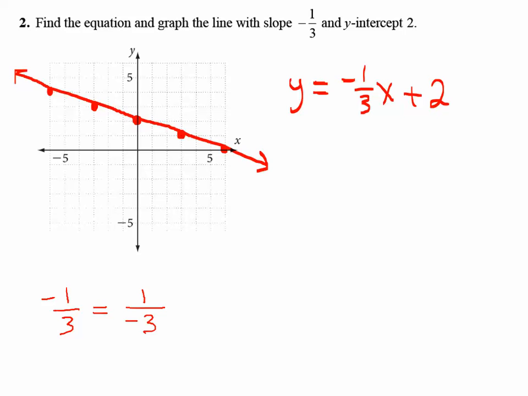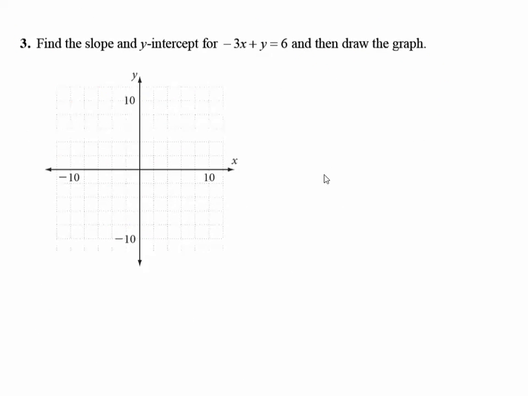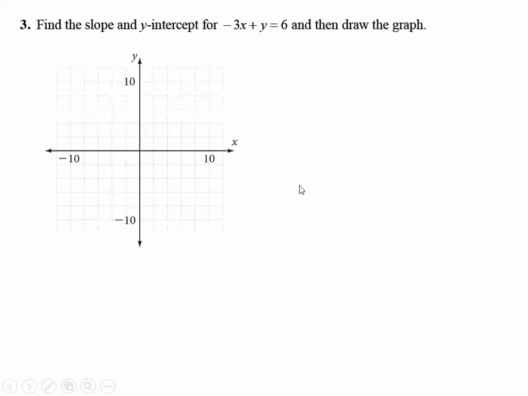Okay, sometimes the equations are not set up just like this. Number 3, sometimes they're set up like this: negative 3x plus y equals 6. So they tell us to find the slope first and then the y-intercept.